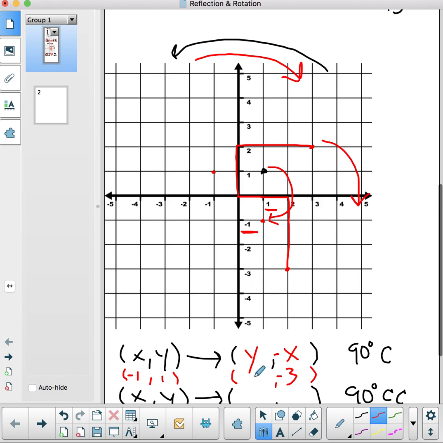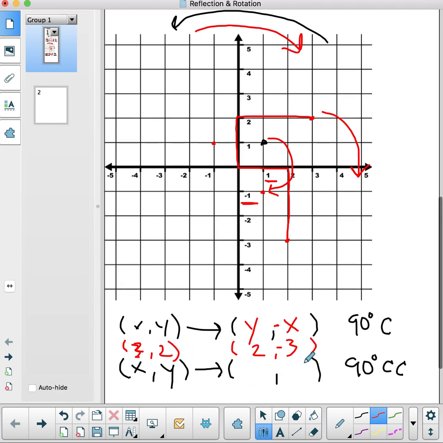And then we keep our numerical value positive, which is here. So we rotate it from 2, 3 to 2, negative 3, if that makes sense, right? So let me go ahead and change this to match it. So we went from 3, 2 to 2, negative 3, right?